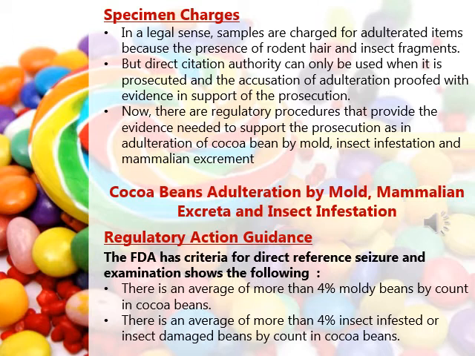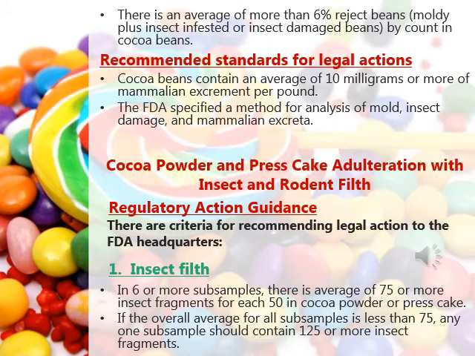There is an average of more than 4% insect infested or insect damaged beans by count in cocoa beans. There is an average of more than 6% reject beans, moldy plus insect infested or insect damaged beans by count in cocoa beans.